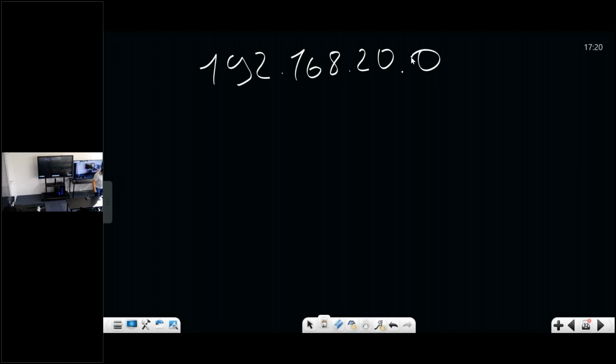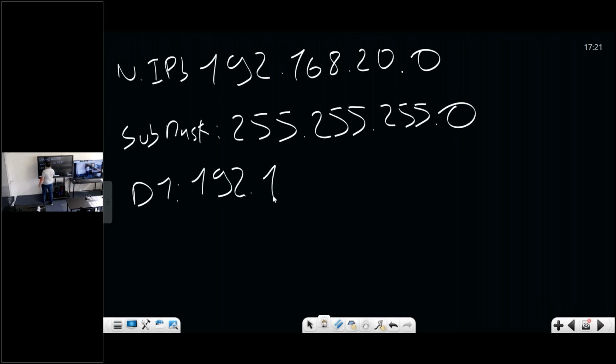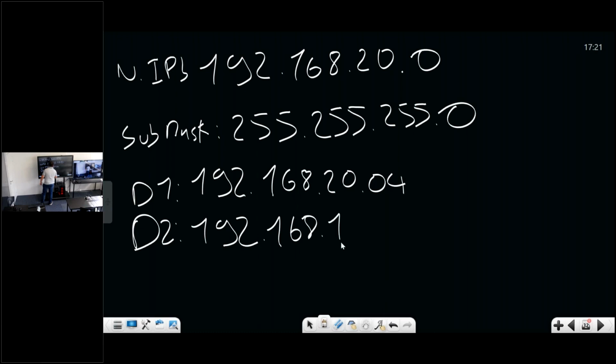I need my subnet mask, which is 255.255.0.0. Then the IP of D1 and the IP of D2, and we would like to know if they can communicate.